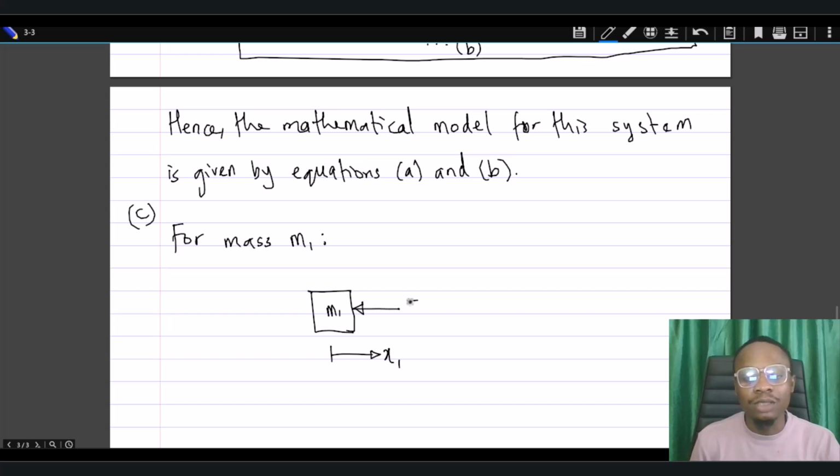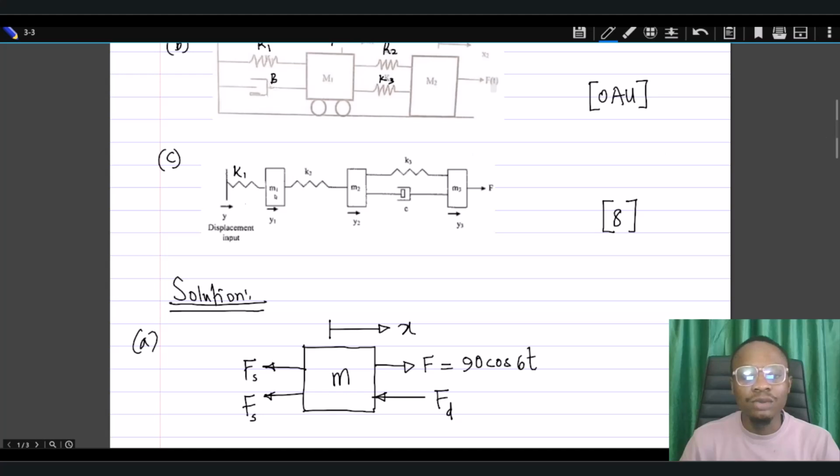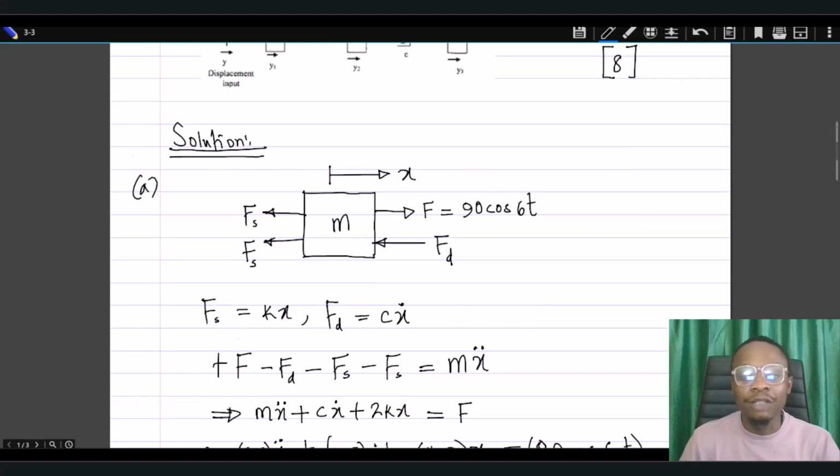That will be F due to the spring 2, and we'll have F due to the spring 1. So we'll put that here, F due to spring 1. So that is all for the mass M1. These are the two springs connected to it. This is K1, this is K2, this is K3. This is C. And then we know that we need to get expressions for both of them, but we'll come back to that.